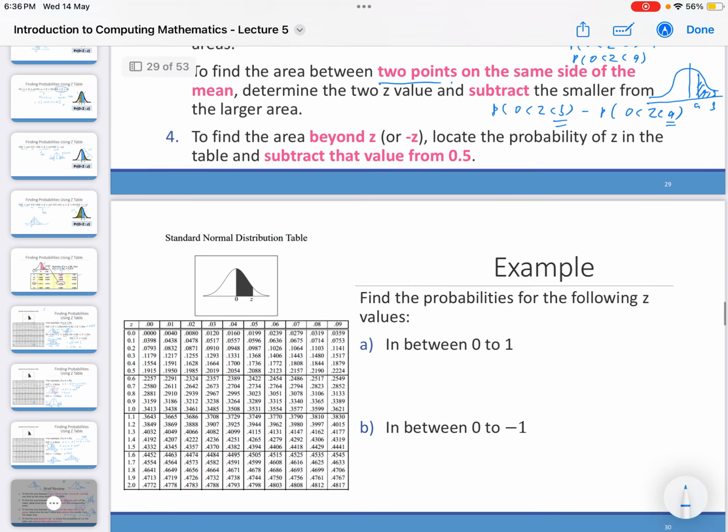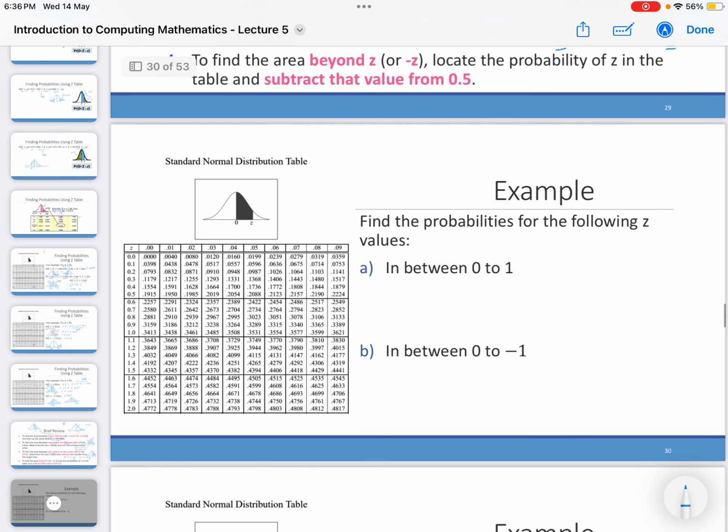Okay. So this is an example of how to find the probability using Z table. So for A, we want to find probability between 0 to Z, 0 to 1. So this one is actually probability of Z from 0 to 1.